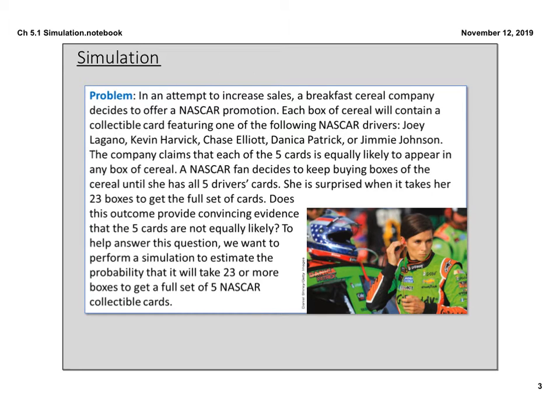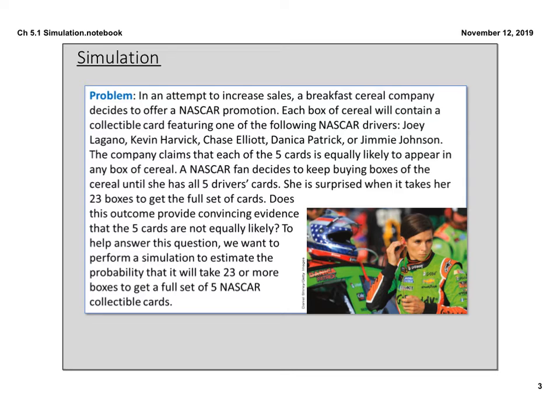To help answer this question, we want to perform a simulation to estimate the probability that it will take 23 or more boxes to get a full set of 5 NASCAR cards. So here's what the company is claiming. The company is claiming that each card is equally likely to occur in any of the boxes of cereal.